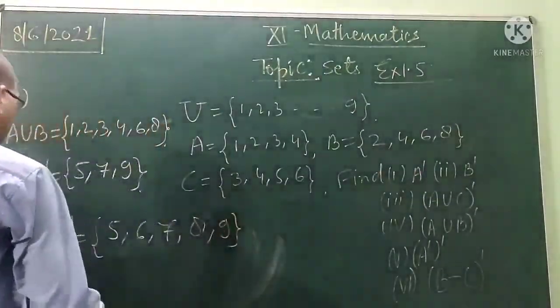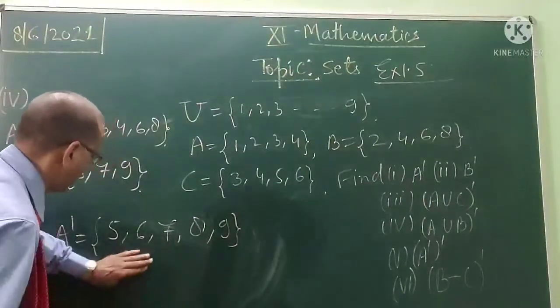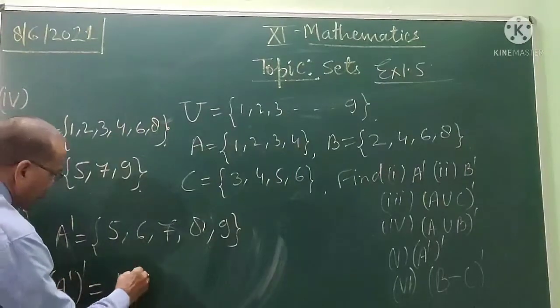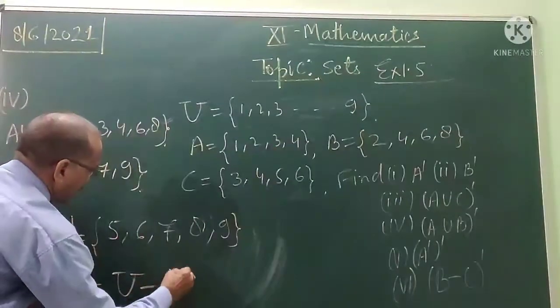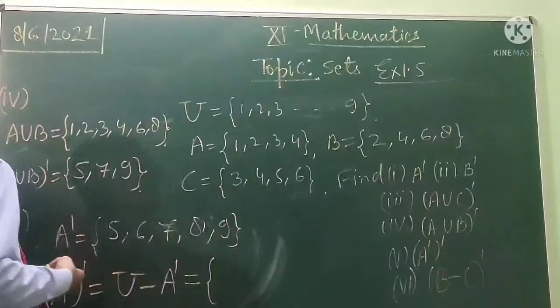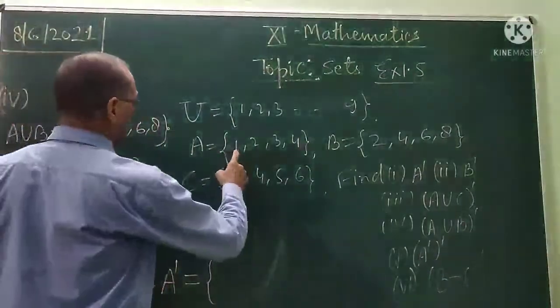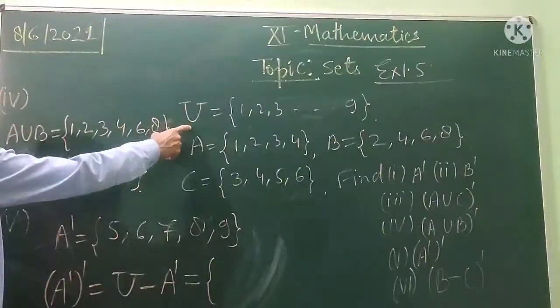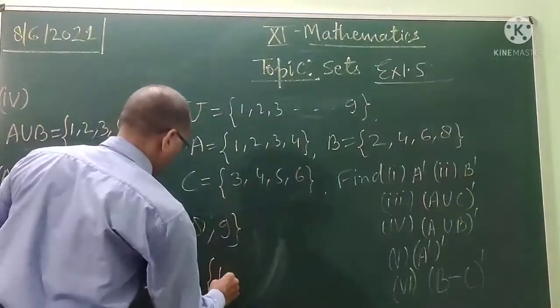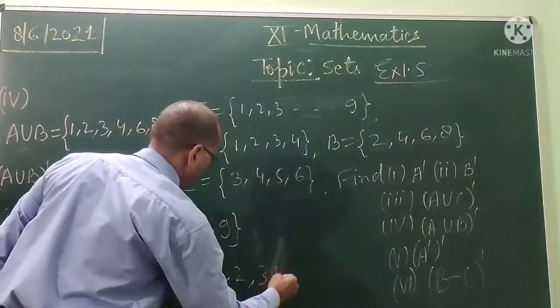Now its complement, the complement of A complement, is the universal set minus A complement. So again, there are the elements which belong to the universal set but do not belong to A complement. So it is 1, 2, 3, 4.